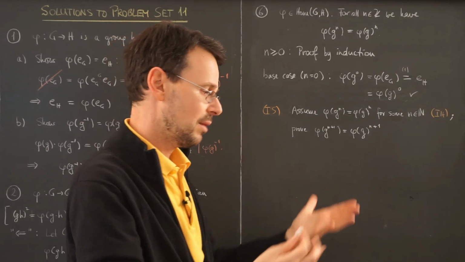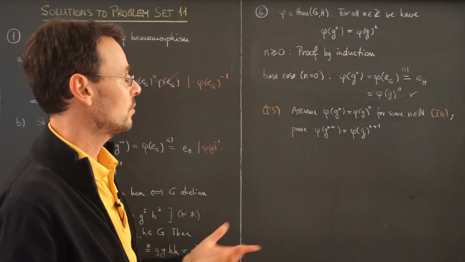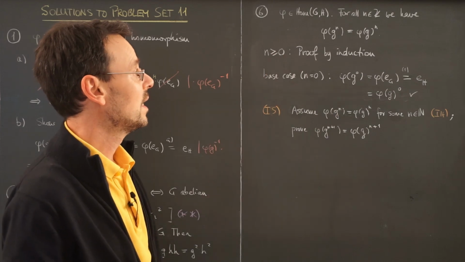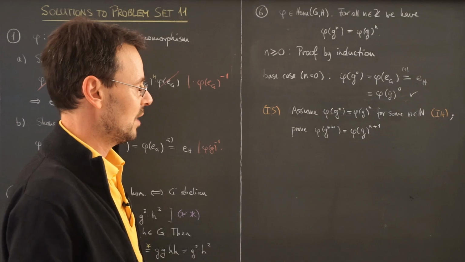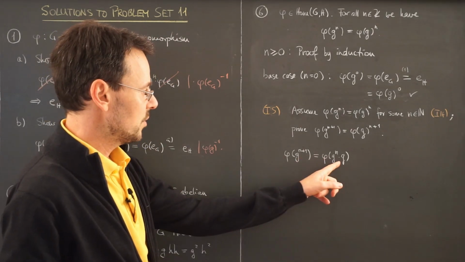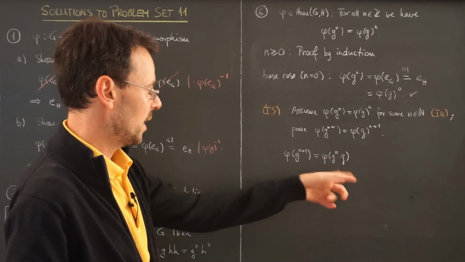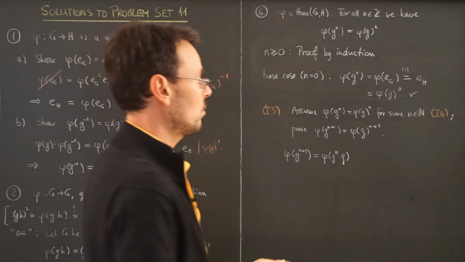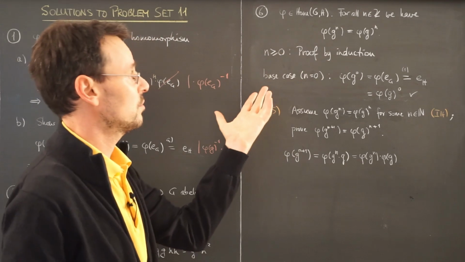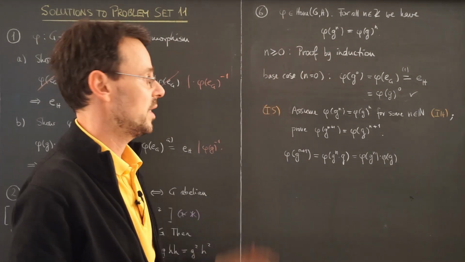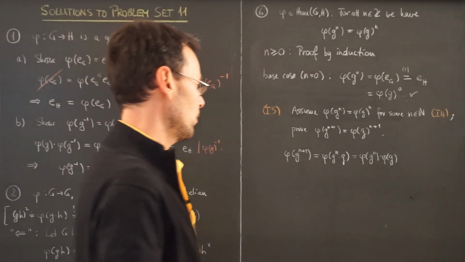And then by mathematical induction, we conclude that this is true for all numbers starting with 0 up to infinity in the naturals. Okay, this here is always true in every group. And now we use the fact that phi is a homomorphism. We also use that here, because in general this isn't true. For any map between groups G and H, this need not be true.